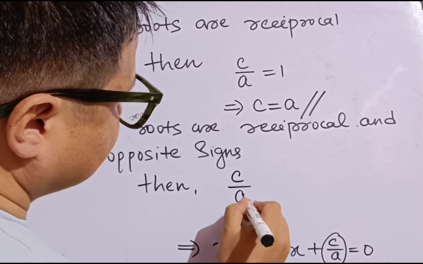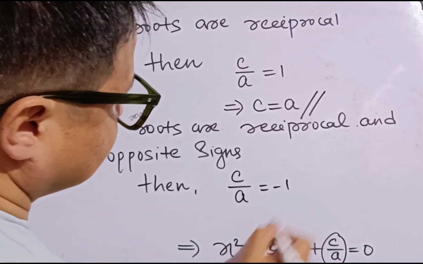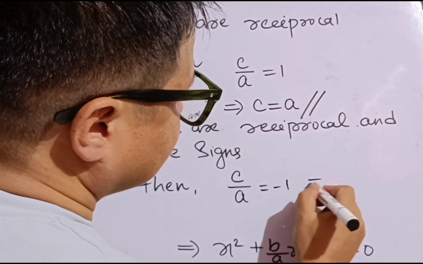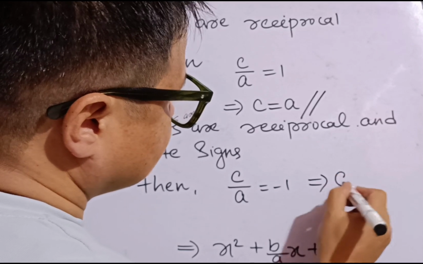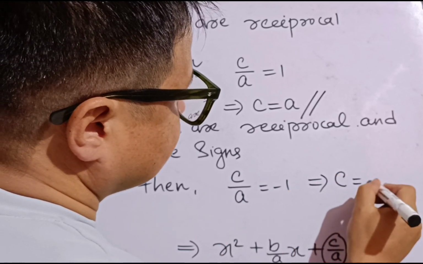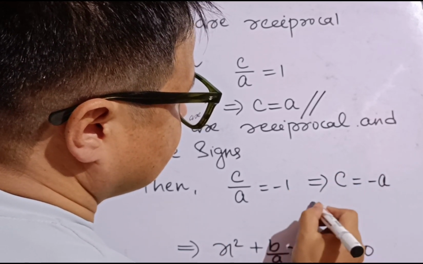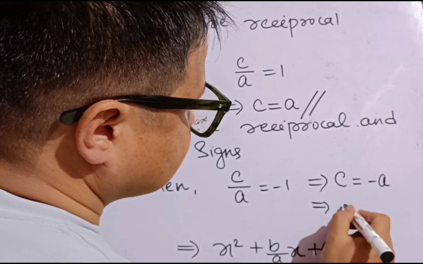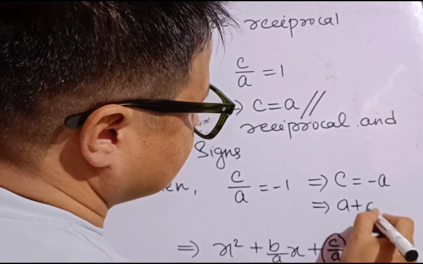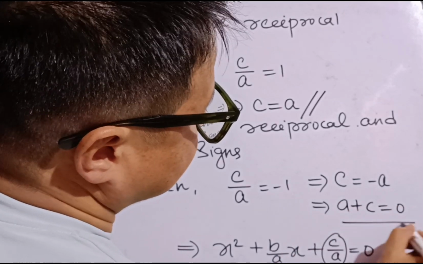So when the roots are reciprocal, their product is 1, but when they have opposite signs, their product is minus 1. So here c upon a must be equal to minus 1, and this gives c is equal to minus a, which gives a plus c is equal to 0.